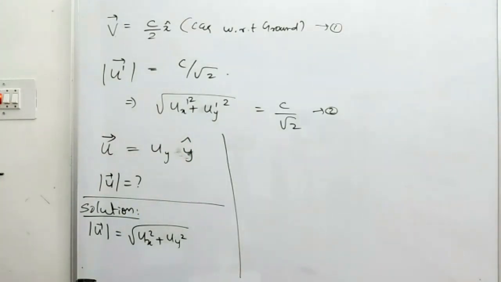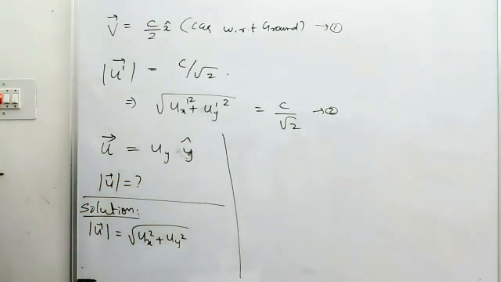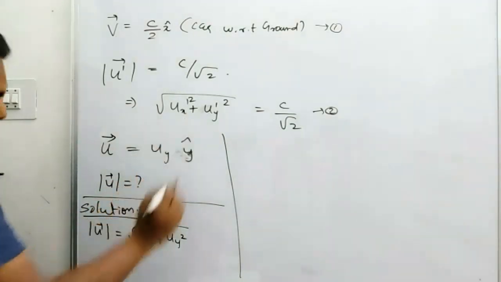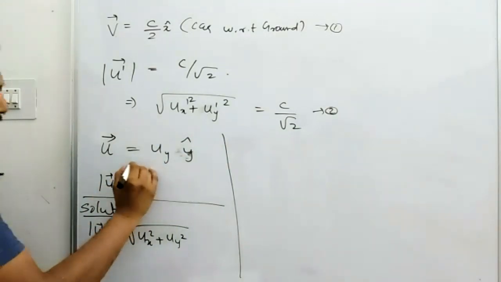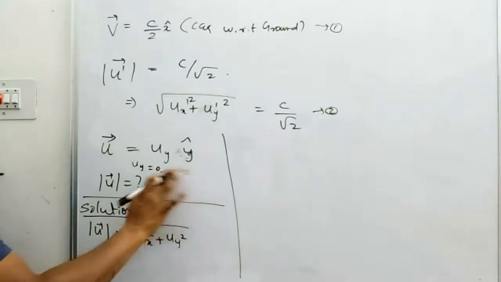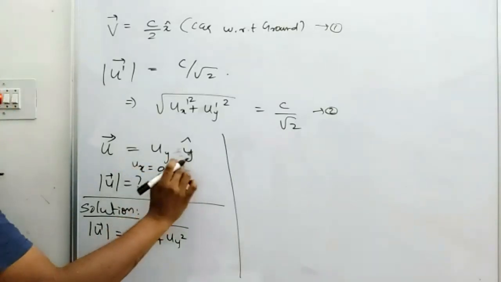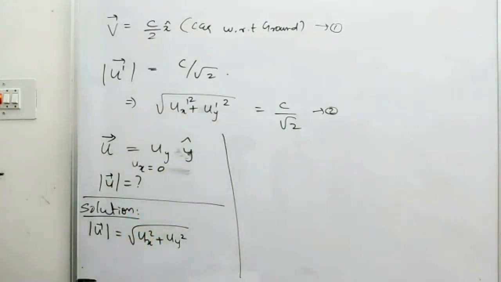Yeah, so we have to use this equation in one way or the other. I'm just thinking which is the easiest way to do this. Okay, so one option is to do this. We know the transformation. Here you see that uy is equal to 0, and uz, we are not talking about uz, we are talking about a plane. You see that ux is equal to 0 because we know that it's moving only along the y direction.